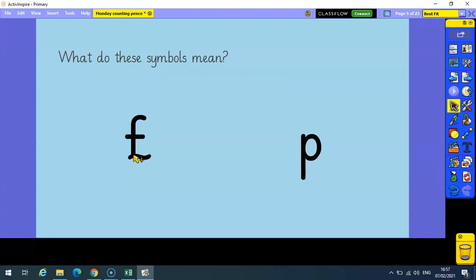This is the pounds symbol, and this is the pence symbol. My turn, your turn. Pounds. One more time. Pounds. My turn, your turn. Pence.